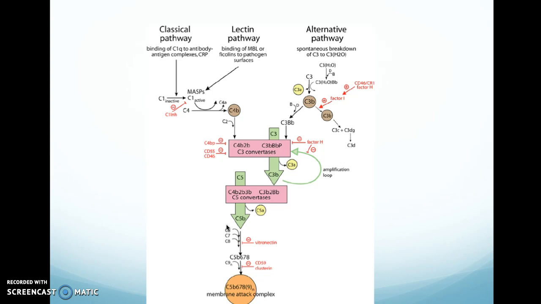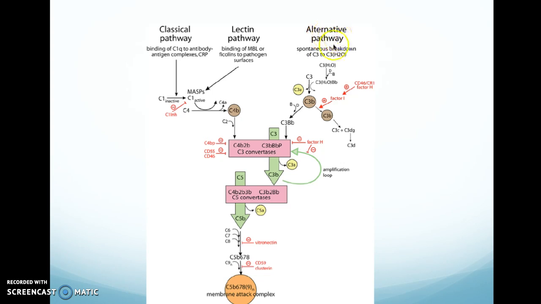The classical pathway is inhibited by C1 inhibitor, which binds to C1 to prevent its activation. So this picture right here has all three pathways. We have the classical pathway, binding of C1q to antibody-antigen complex and CRP, and then we have the lectin pathway, binding of MBL or ficolins to pathogen surfaces.